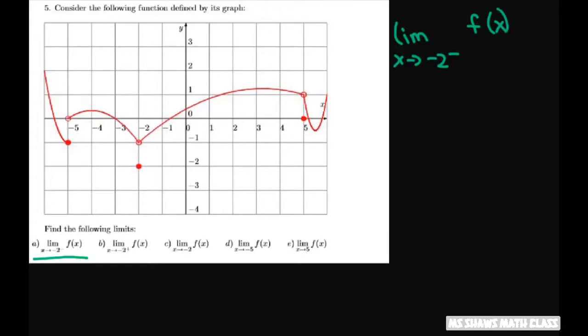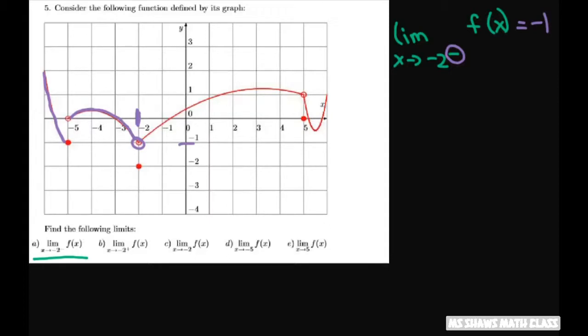This negative here means you're going to the left. So let's first find -2. There it is, -2. From the left, you just follow the graph. You jump up here and go all the way to -2. Even though it doesn't equal it because it's an open interval here, we still approach -1.